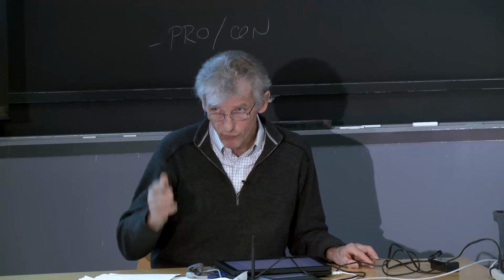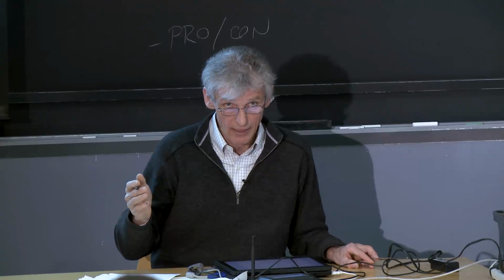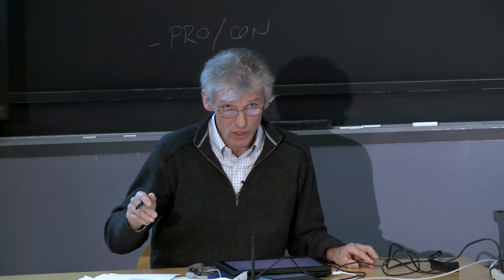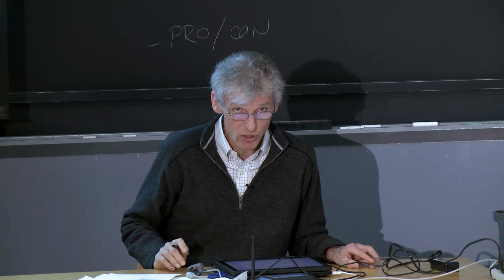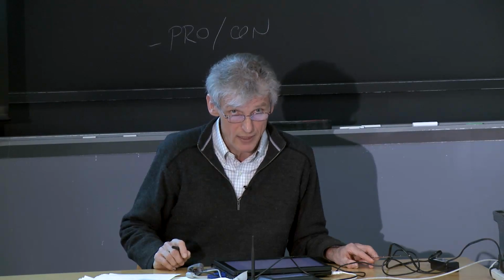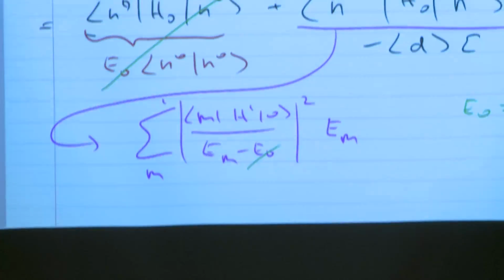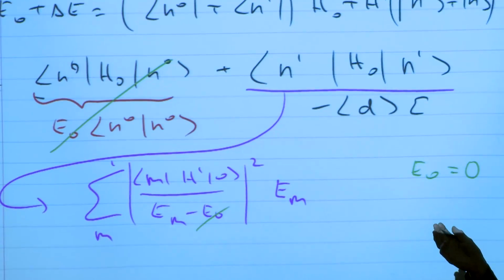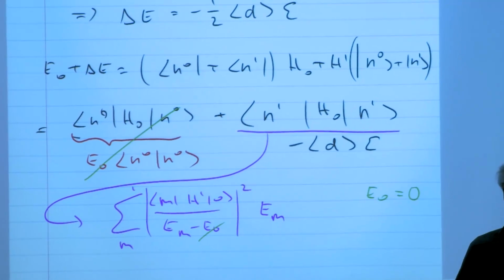If you look at the wave function in perturbation theory of a state, the zeroth order wave function has an amplitude of 1, and this amplitude of 1 only changes in second order. So since I'm doing a second order calculation here, I have to include those non-standard terms, but I can also bypass it by setting E naught to 0, then the second order term in the norm doesn't matter. So in other words, if you set E naught to 0, you make your life easier. If you do not set E naught to 0, you have to include some more terms in your calculation.